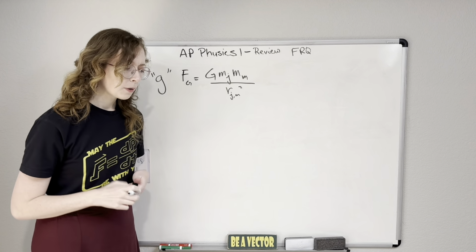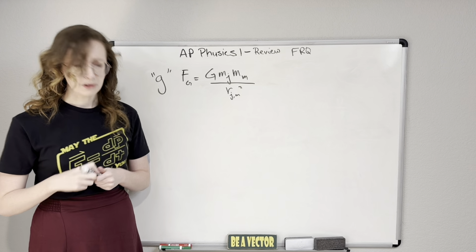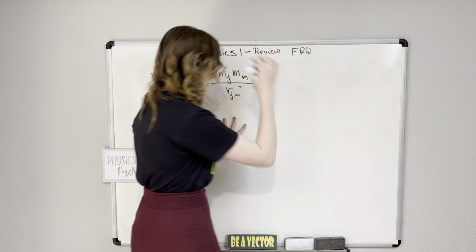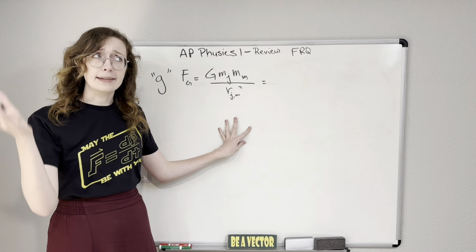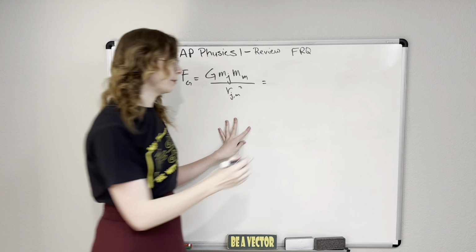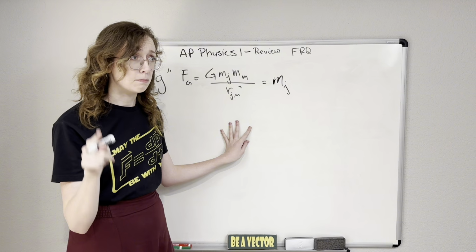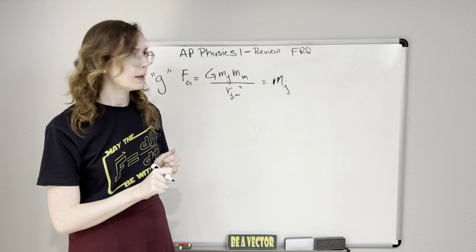Well, if I have Juniper standing on the surface of the moon, the net force acting on Juniper is the force of gravity, right? So I know that I can write from Newton's second law the net force as mass times acceleration, where mass is Juniper's mass, not the moon's mass, because I'm talking about the net force acting on Juniper right now.